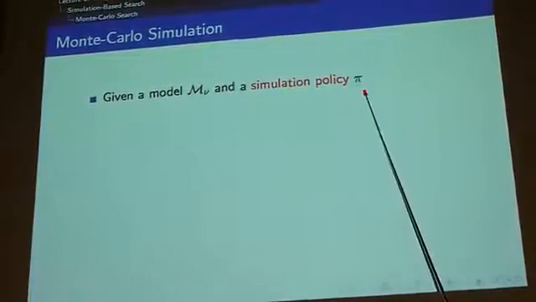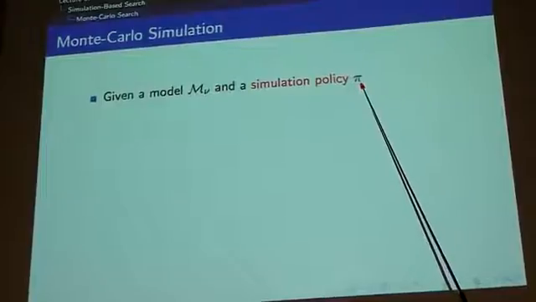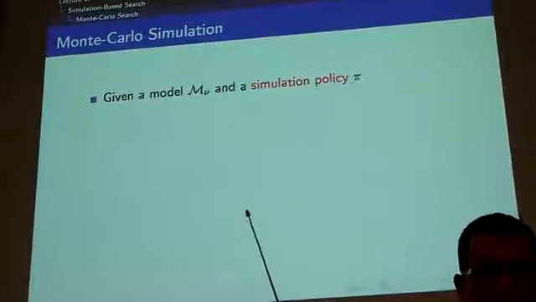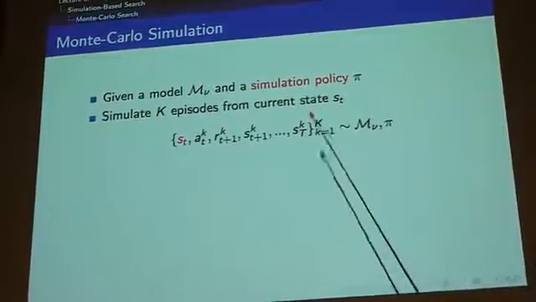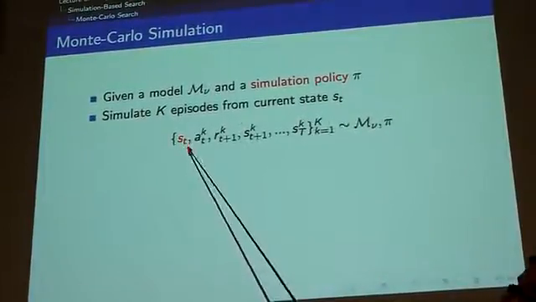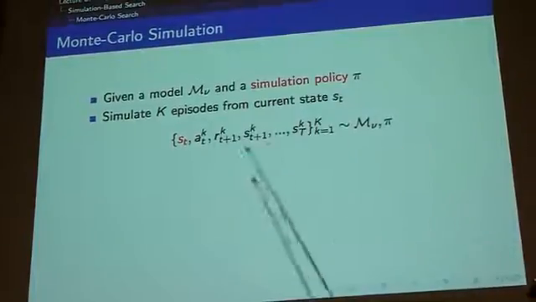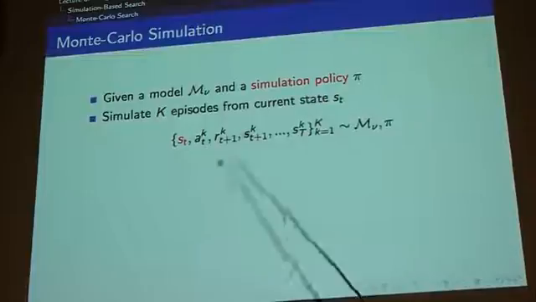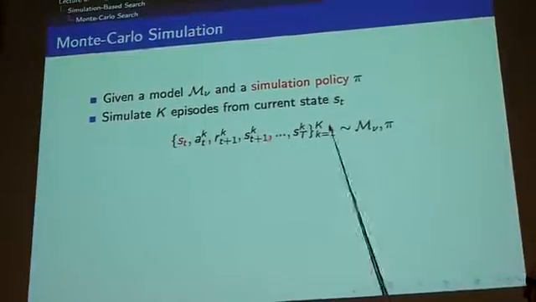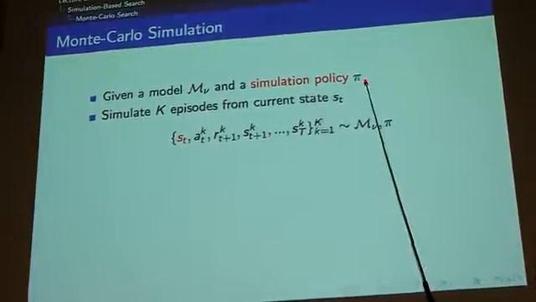So imagine for now this is uniform random. We've got some random way to behave in our problem. And what we're going to do is use this simulation policy to simulate a bunch of episodes from the current state. So we'll start off in our current state. We're going to imagine a whole bunch of episodes starting from the current state, following this policy.